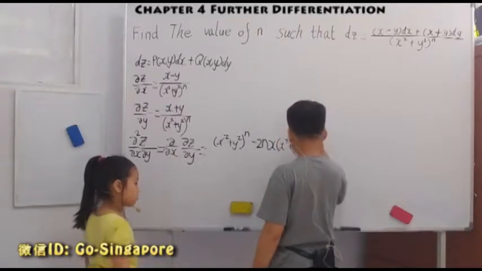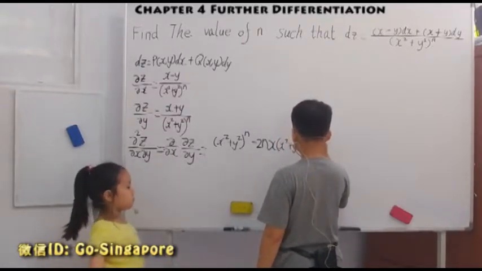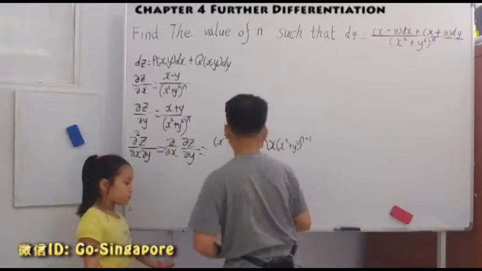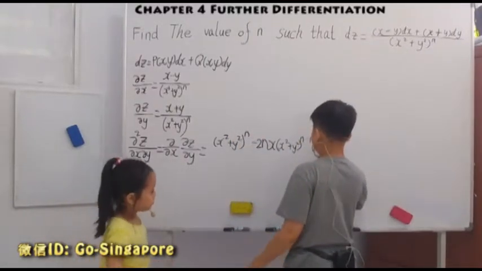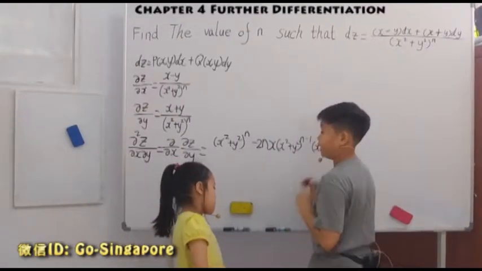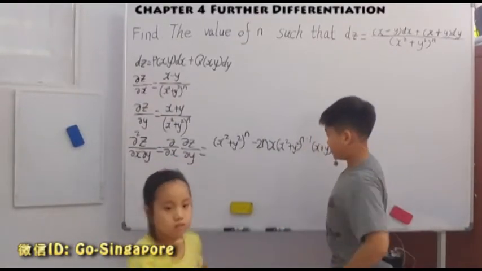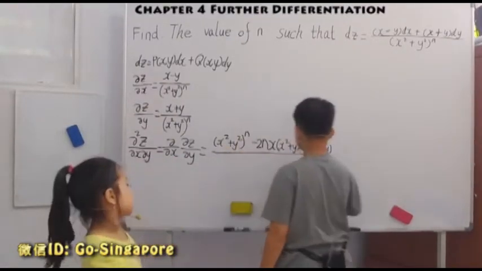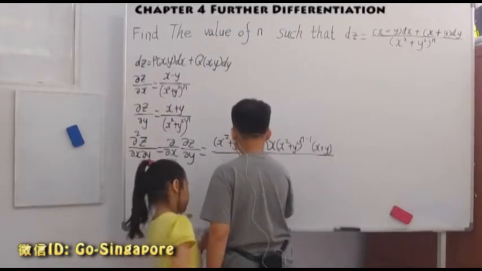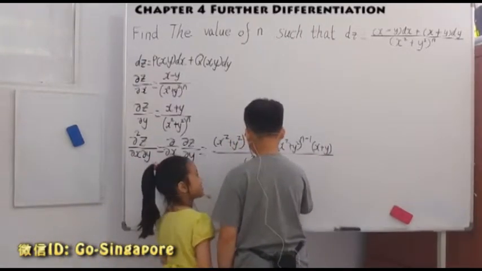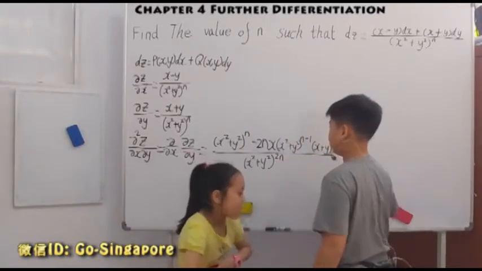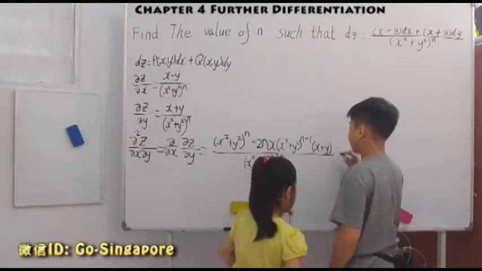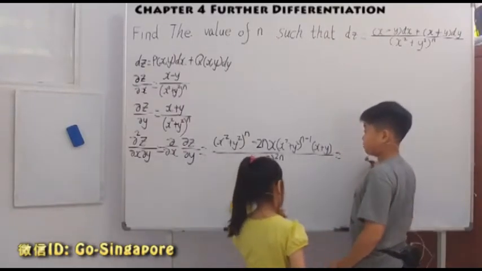Here the other part. Is it correct? Yes, definitely. Then we'll times back the numerator. So it will be like this. Then we'll continue to simplify.